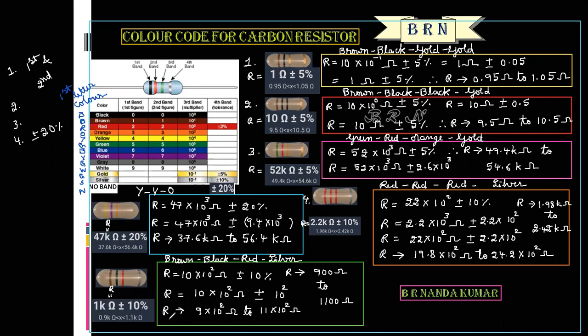This can also be written in the form of 0.9 into 10 power 3, that means 0.9 kilo ohm, to 1.1 into 10 power 3, that means 1.1 kilo ohm. Okay.